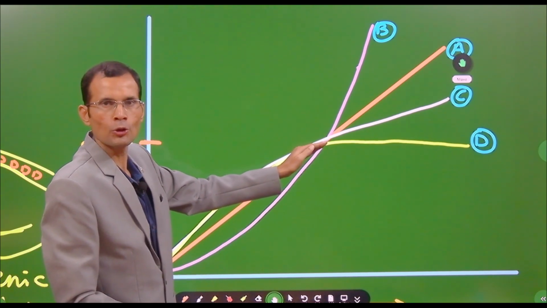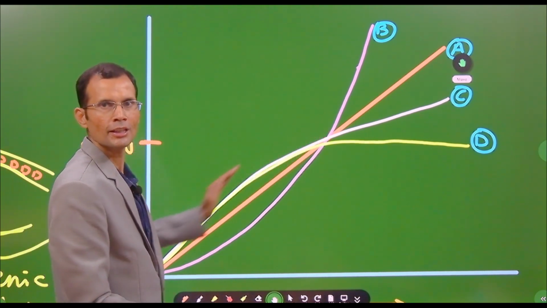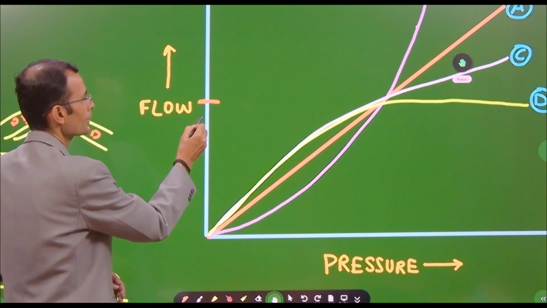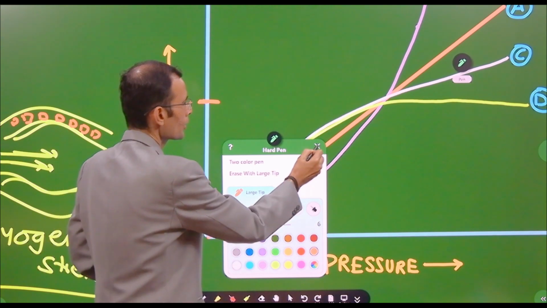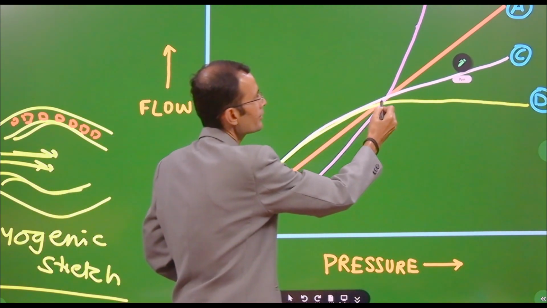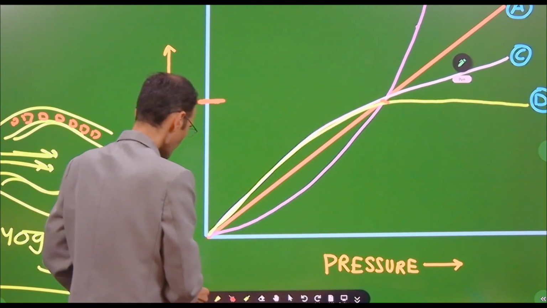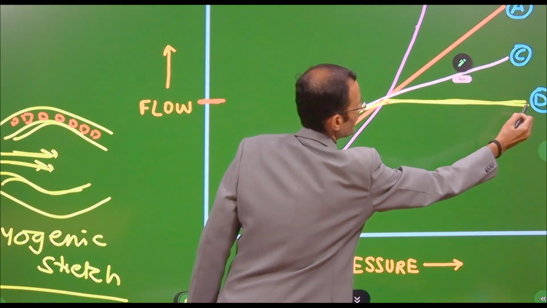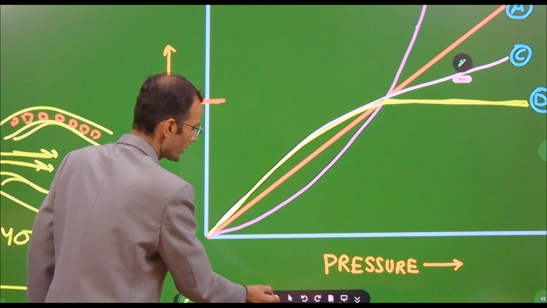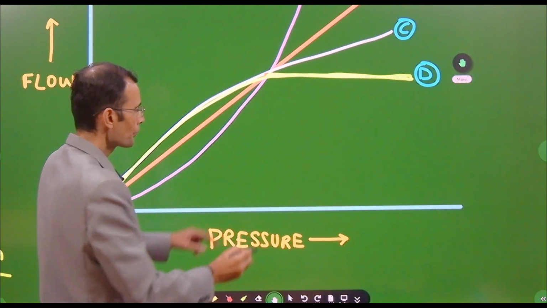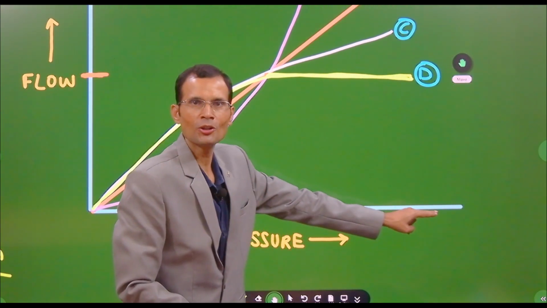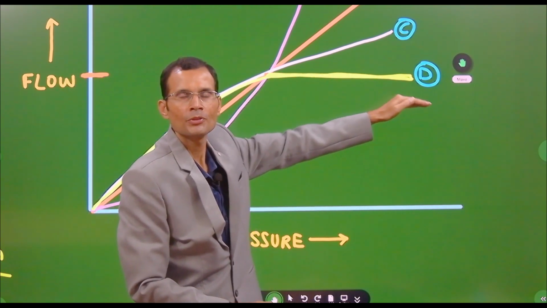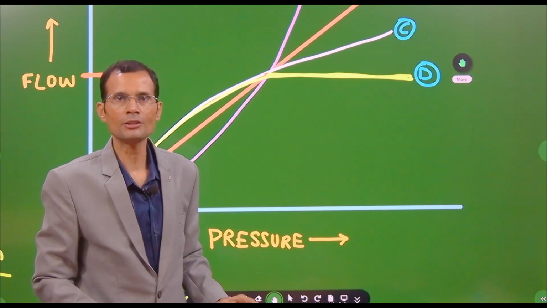Initially the flow has increased, all right, on the vertical axis the graph is going up, but then at a certain point, there is no more increase in the flow. The flow has stabilized, straightened up the line. Means what? Now you increase the pressure on the horizontal axis, the flow has remained constant. The flow does not increase any further.